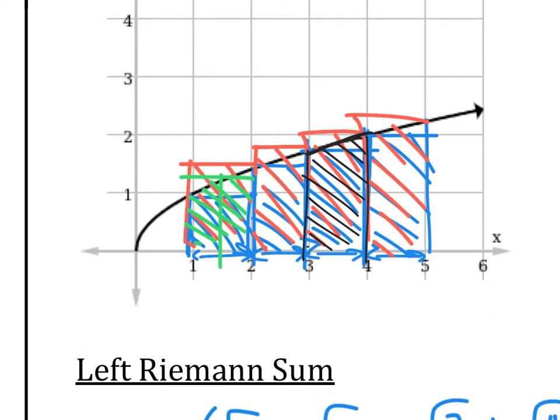So in order to find that area between 3 and 4, you're going to say f of 3 plus f of 4 times the height, that's delta x, divided by 2. Okay? Base 1, base 2, height.